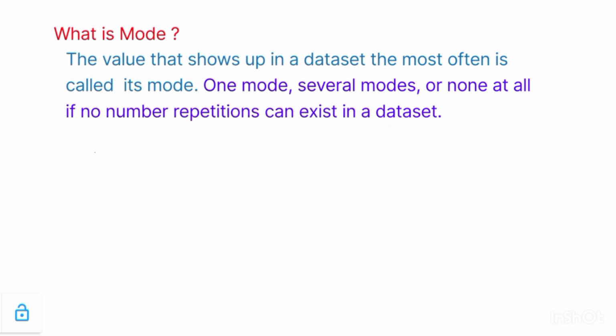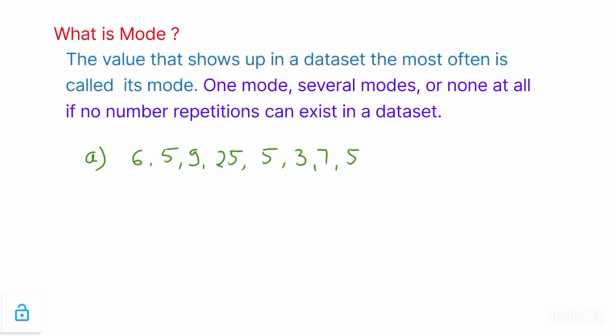Now suppose we are given this data set 6, 5, 9, 25, 5, 3, 7 and 5, right? So we will arrange it in ascending or descending order, you can find it only by seeing the data set. So let me arrange this to make it more clear.